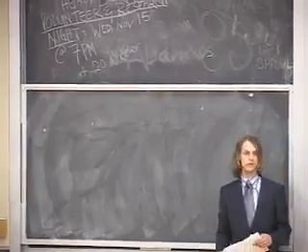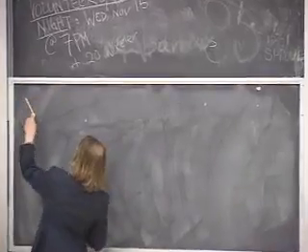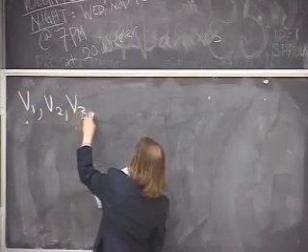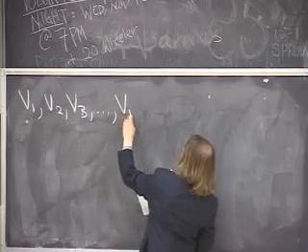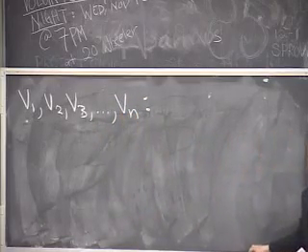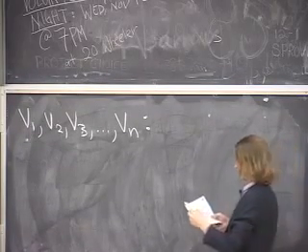All right, so I'm going to set up a bunch of random variables called V1 and V2 and so on, up to Vn. For each of the keys stored in the hash table, there is its own random variable.